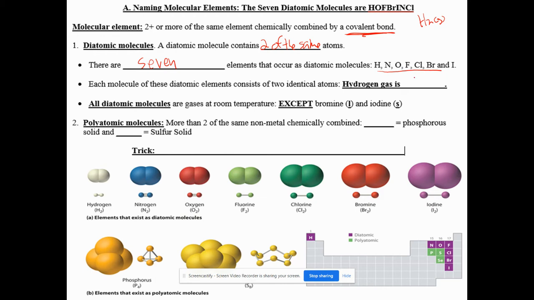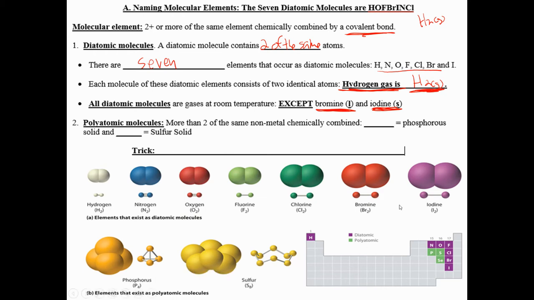So hydrogen gas, for example, is H2 gas. So if I were to say hydrogen in a chemical reaction, that refers to hydrogen gas, usually, unless I specify otherwise. And that would be H2 with a little g in the brackets there. All diatomic molecules, with a couple exceptions, are gases at room temperature. Bromine is a liquid at room temperature, and iodine is a solid at room temperature.